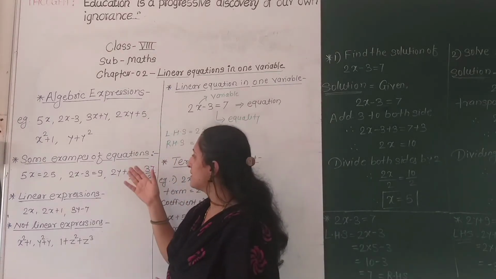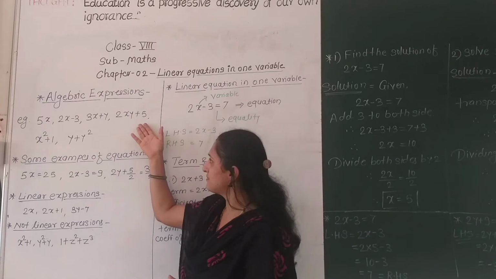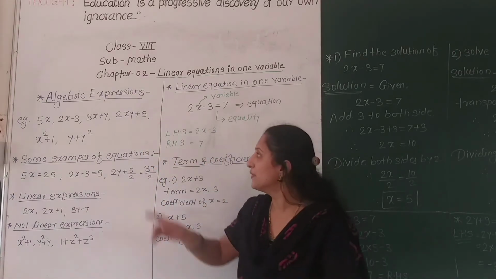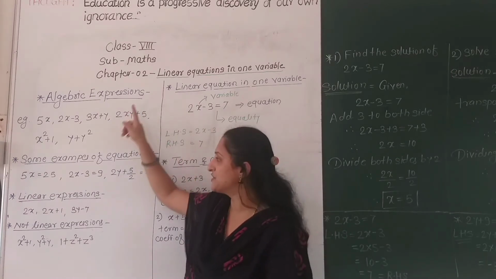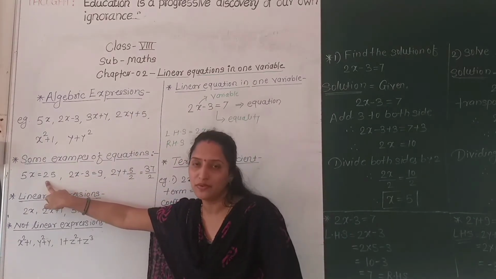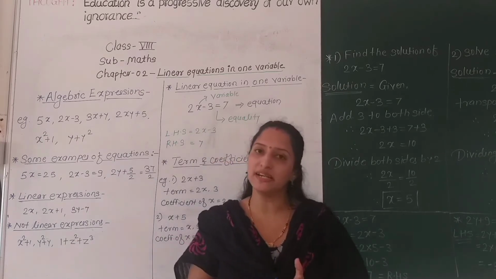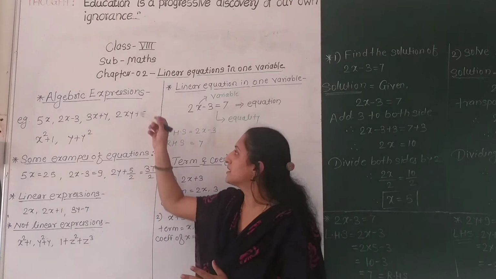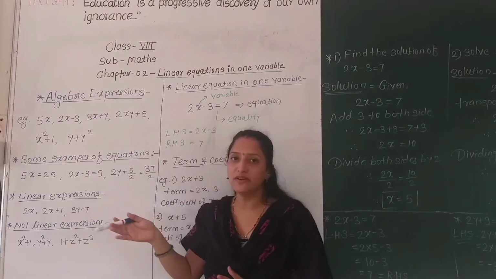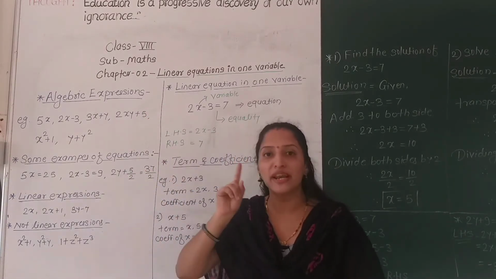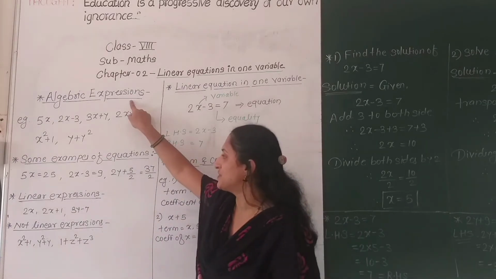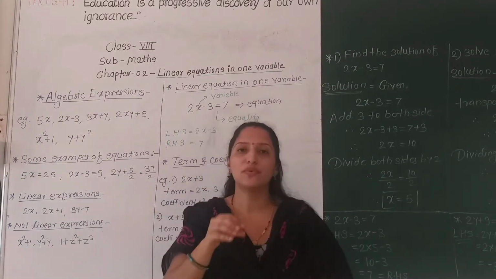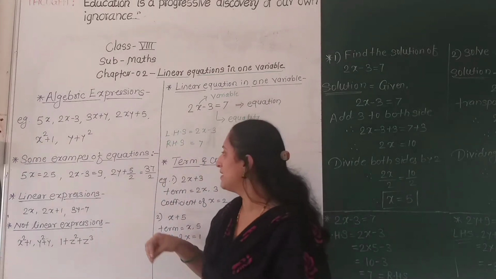But when we solve or convert an algebraic expression into the form of an equation, we restrict it to only one variable. So in an equation we use only one variable.